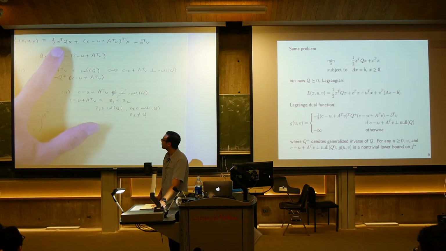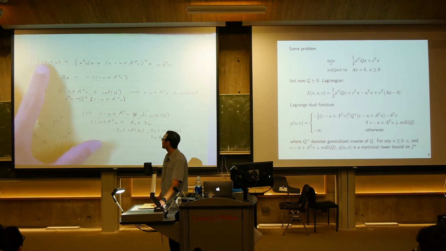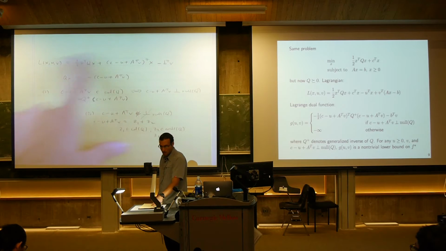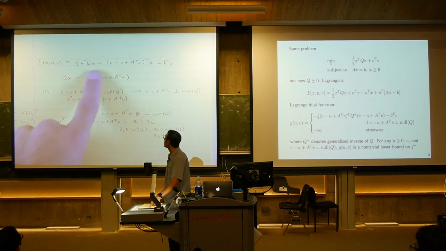If we go back to the Lagrangian, we can ask what happens if we try to minimize over all x in such a case, when U and V are arranged so that it's not orthogonal to the null space. We can make this as small as we want, all the way to minus infinity.